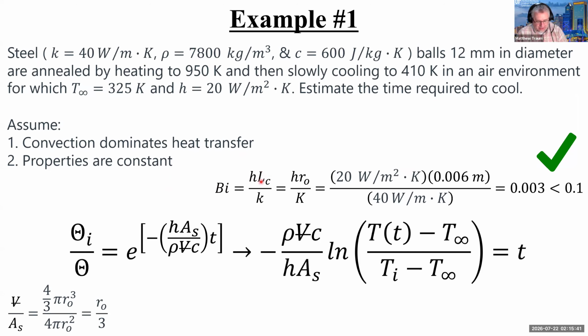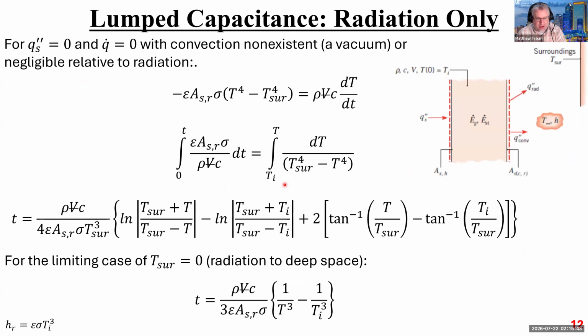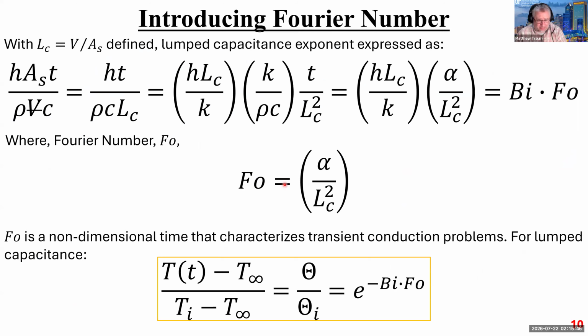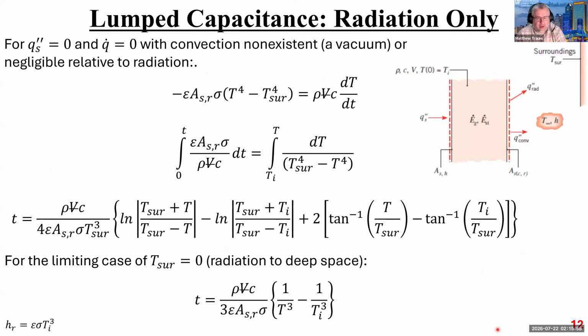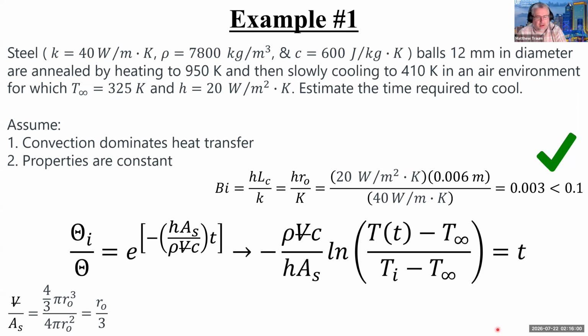And even though L sub C for a sphere, from what the textbook says, is the radius over 3, I use a more conservative approach to Biot number, which is I'm just going to take the radius of the sphere, which is right here.